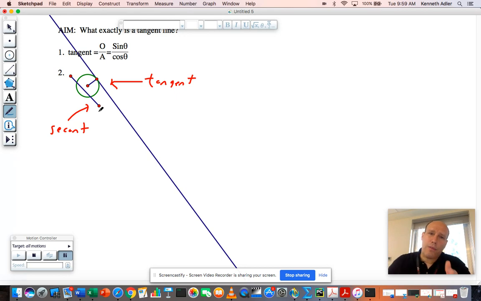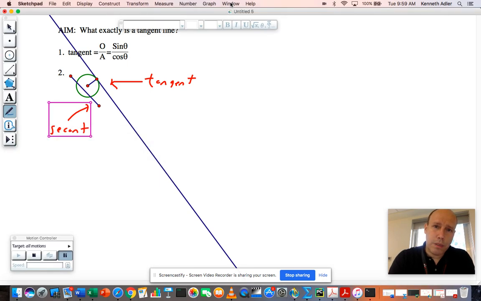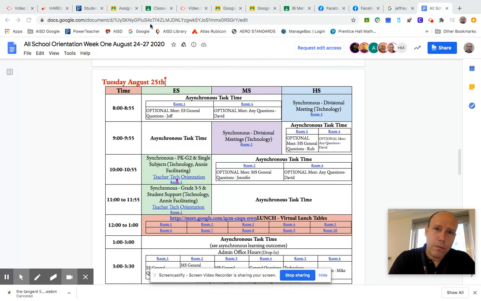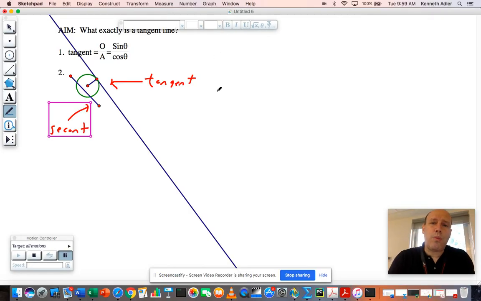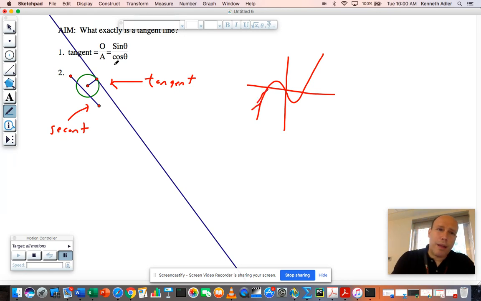Now, just to connect from last class, let's see if the Desmos is still there. Some of you might say, well, Mr. Adler, in yesterday's lesson, we did have that cubic. We looked at the cubic, and we were putting the surfboards.